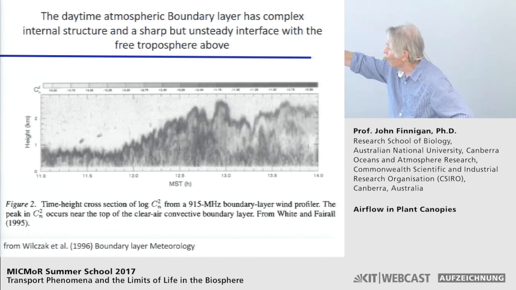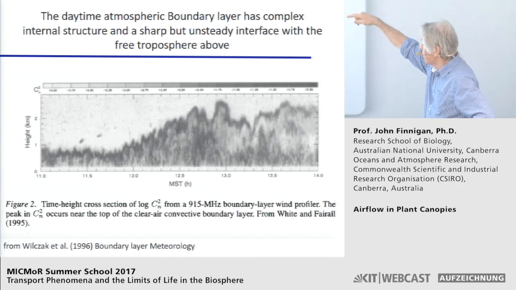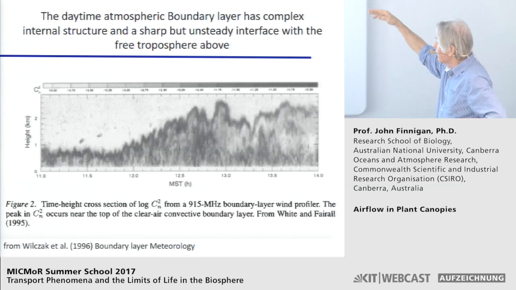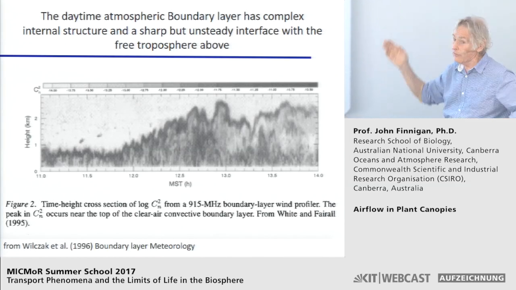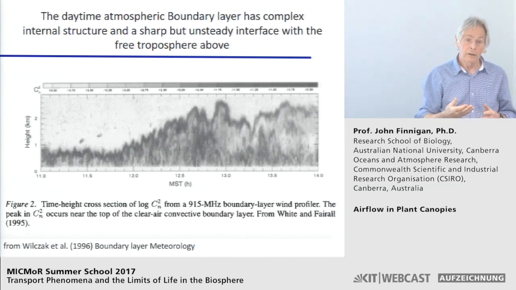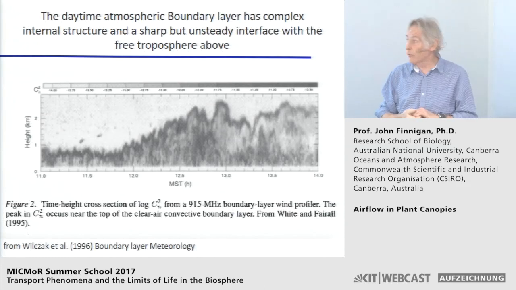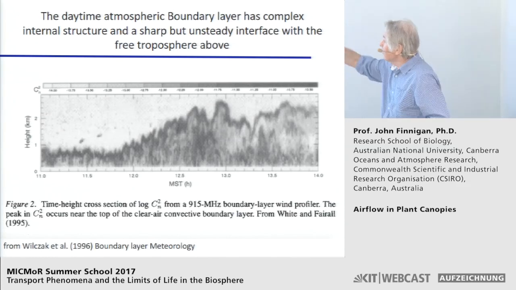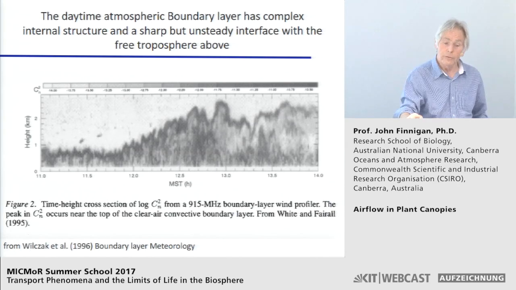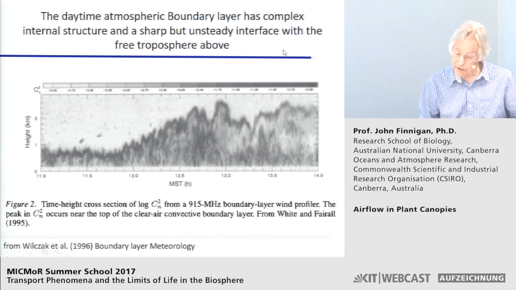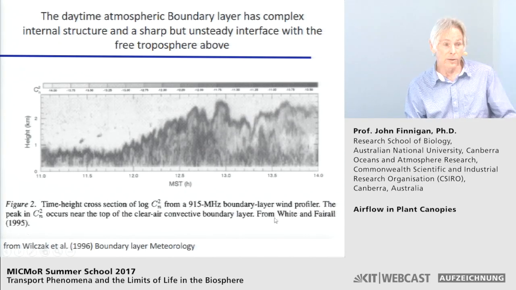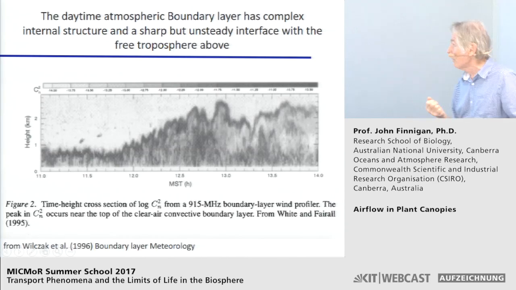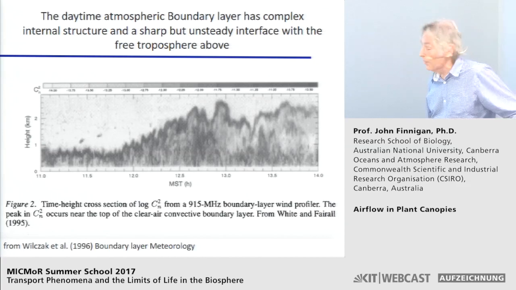You can see the growth of the boundary layer in the morning, and then it reaches this kind of equilibrium as it starts to hit against the stably stratified air higher up in the troposphere. And you can see the interface between the turbulent and the non-turbulent parts of the boundary layer. It's actually very thin, of order millimeters, a thing called the Kolmogorov microscale. But its actual up and down motion can be 20% of the boundary layer depth.